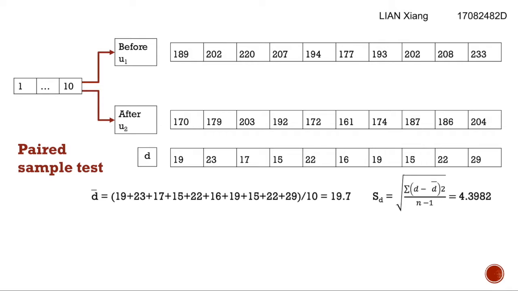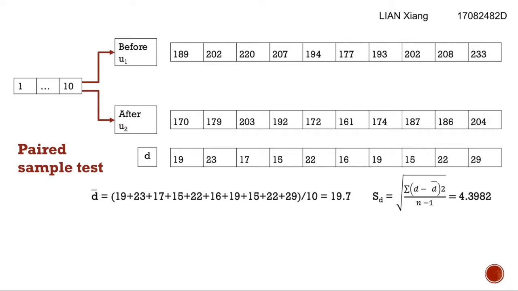We can easily note that it is a paired sample test since we collect data from the same group of participants for both mu1 and mu2. Then we can compute the difference between mu1 and mu2, which are 19, 23, 17, 15, 22, 16, 19, 15, 22, and 29.